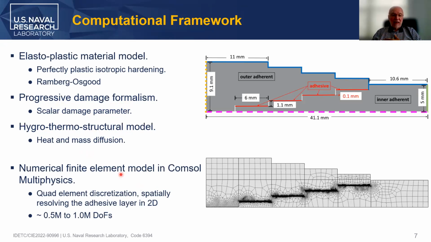The numerical finite element modeling was implemented in COMSOL Multiphysics, and to the right here you see an example of a mesh that shows the densification at the adhesive layer.